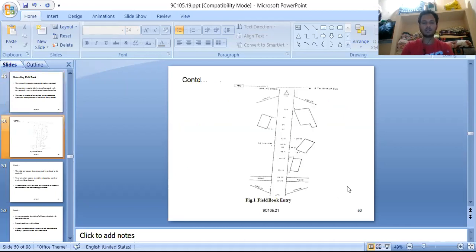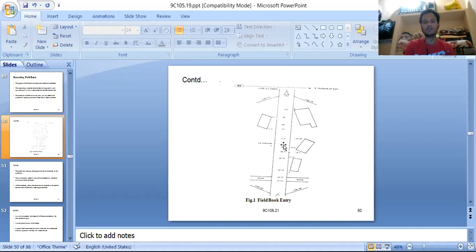So this represents a rough diagram of how the field book looks. We will start entering the readings from bottom to top, just like a chain. So this is the starting point and this is the last point. These are all the offsets which are on the right side and these are all the offsets which are on the left side.